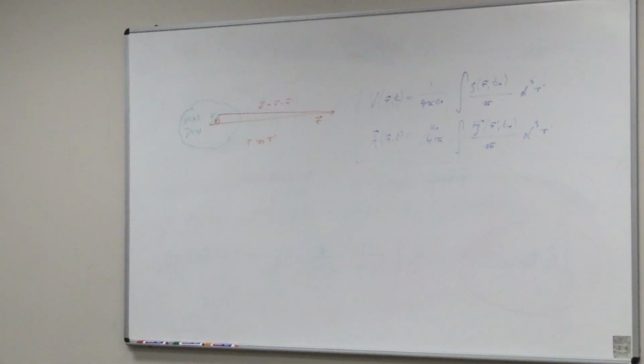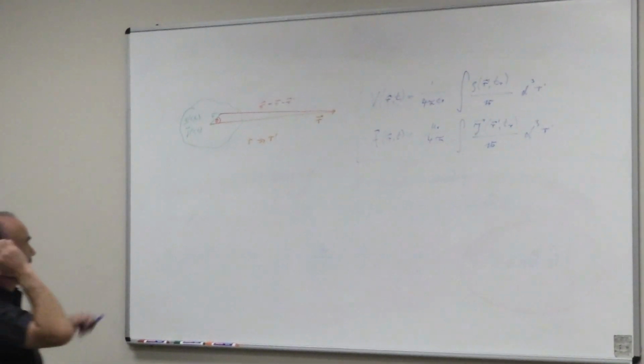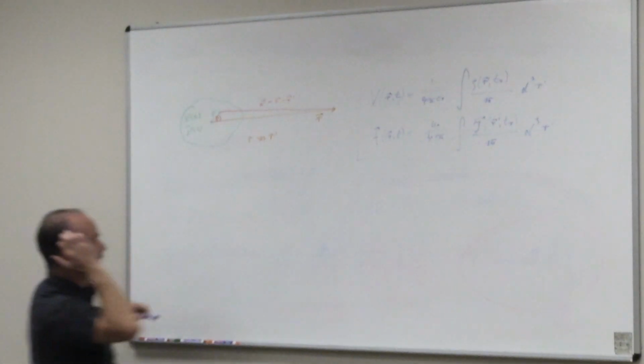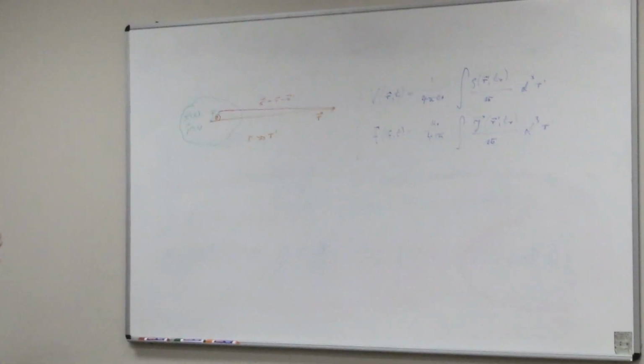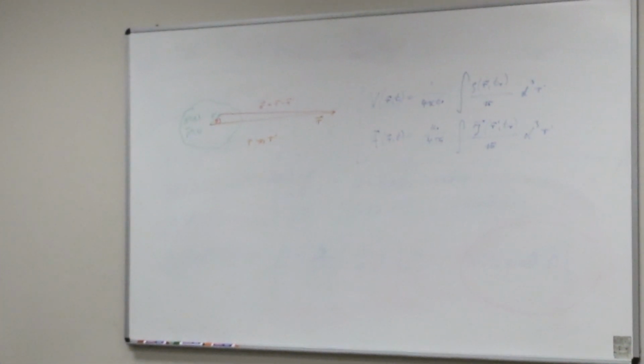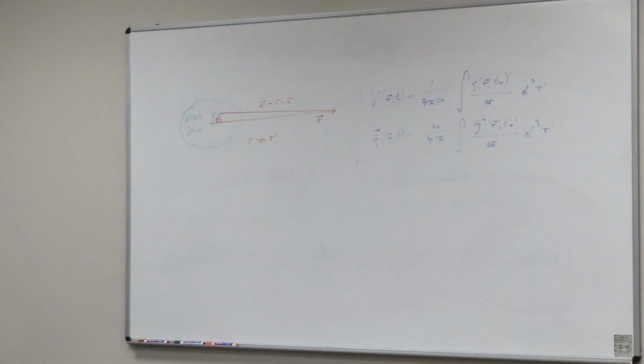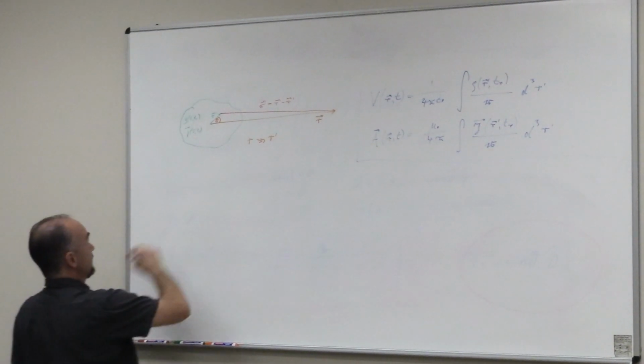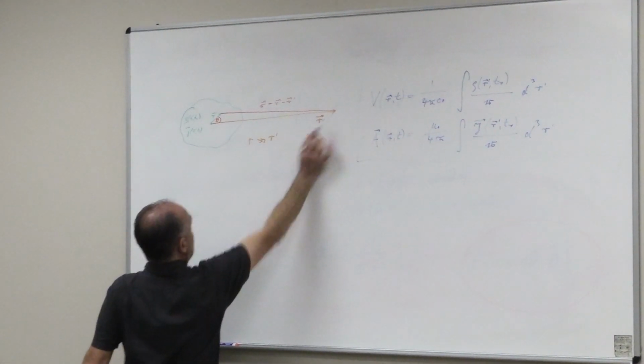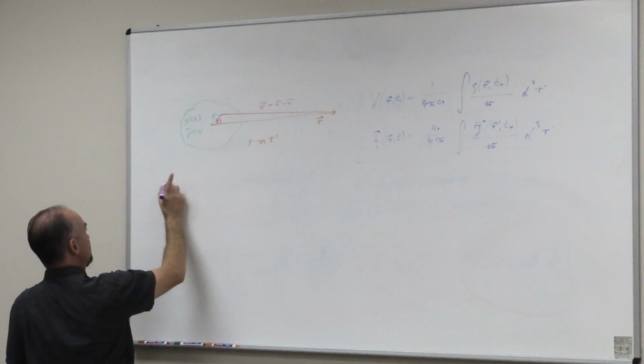So this is of course the most general thing. Let's see what we can do to simplify and to figure out what of this could possibly make radiation and what the radiation fields will be. So first of all, let's calculate the length of this vector script r.